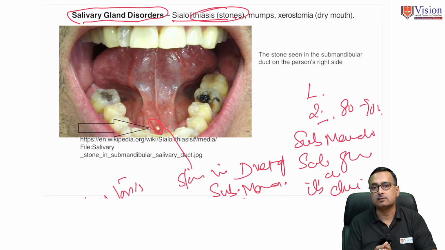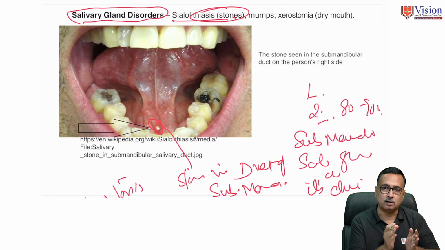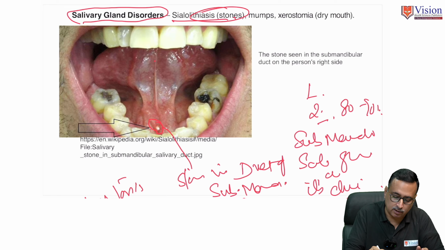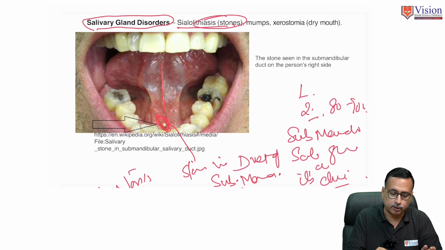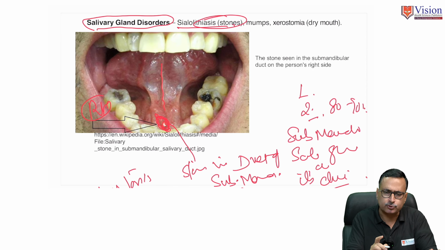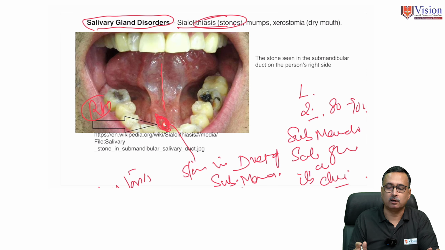Wharton's ducts from each submandibular gland, right and left, open at the floor of the oral cavity, below the oral mucous membrane, on either side of the lingual frenum. This is the lingual frenum, and this is the opening of the Wharton's duct belonging to the right side. This bulged and white portion indicates a stone in the right-sided Wharton's duct.